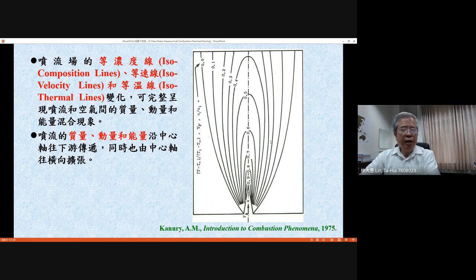By looking at this flow structure, I need to mention that typically, if you try to calculate or analytically describe all these kinds of velocity distributions, you can get these very nice composition lines, velocity lines, or isothermal lines. They are just combined together with certain basic assumptions.